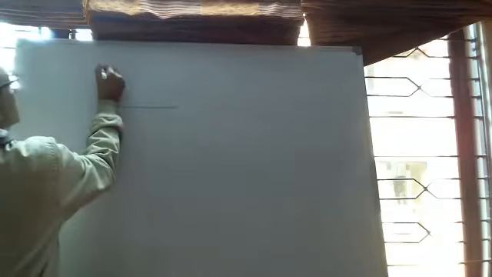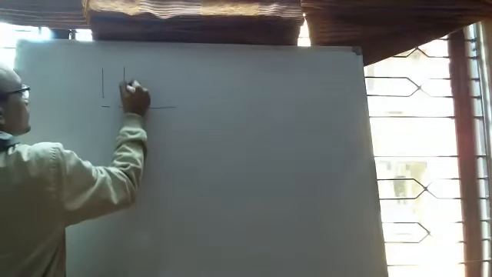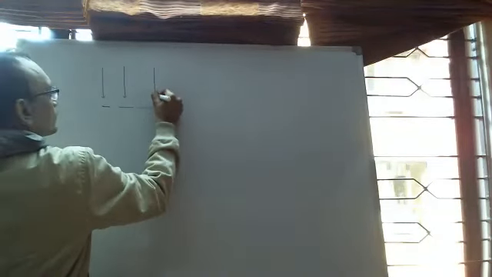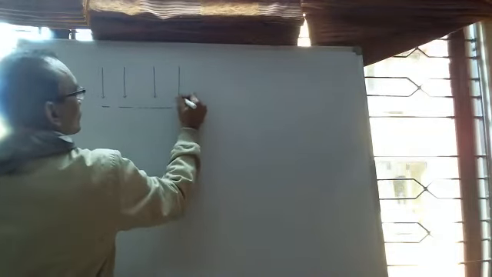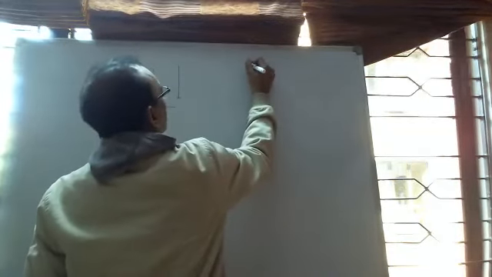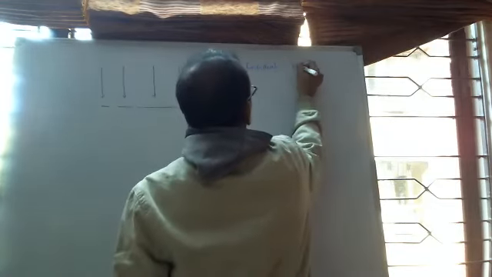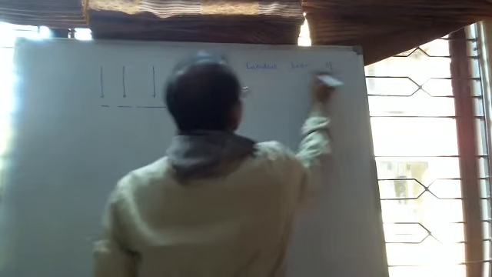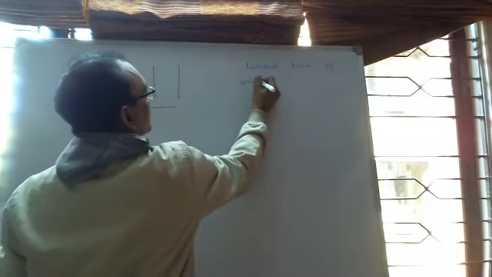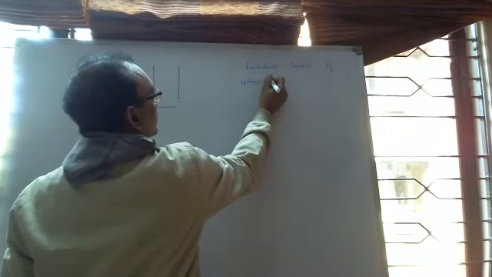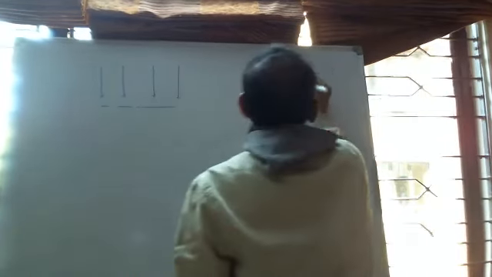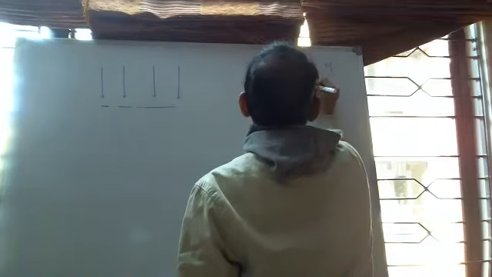Now, let me look at, let's say, there is an incident beam of intensity I. I is measured in watts per meter squared.